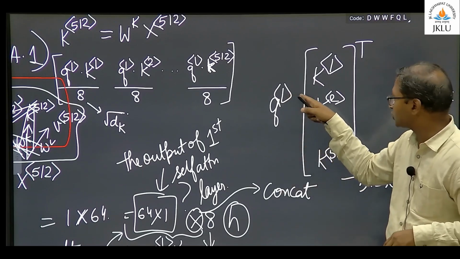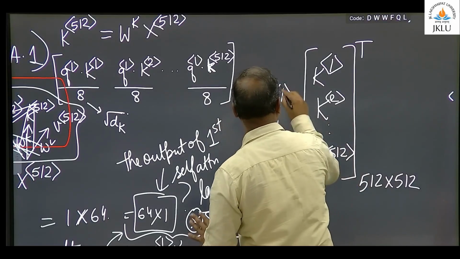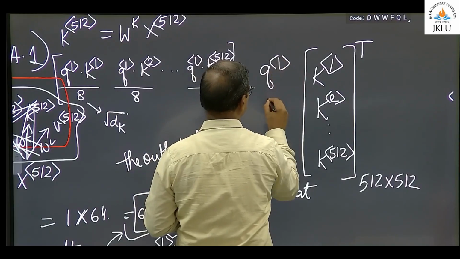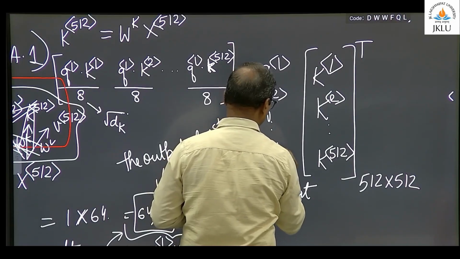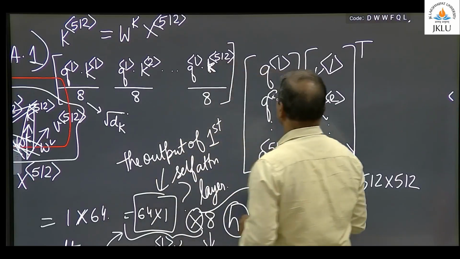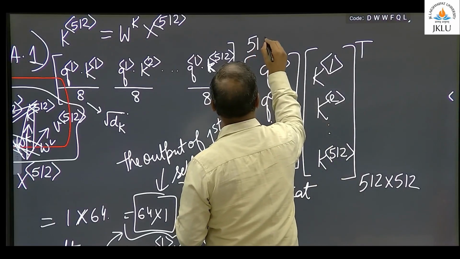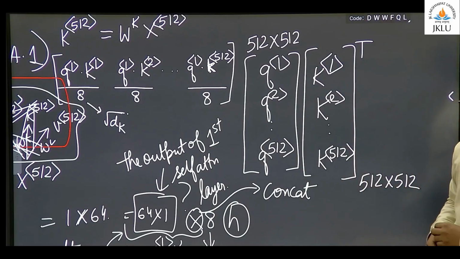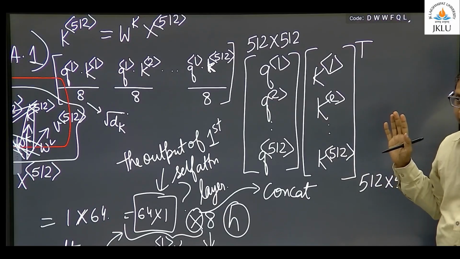Okay, this is row, because if this is row, this is also row, because what I am trying to do here now is, I will have Q1, Q2, Q5 and 2. This is a matrix of size 5 and 2 cross 5 and 2. So this will give me the whole thing for everyone.